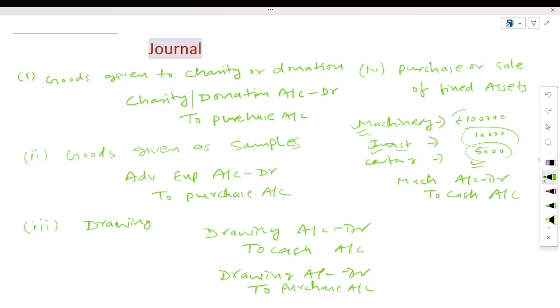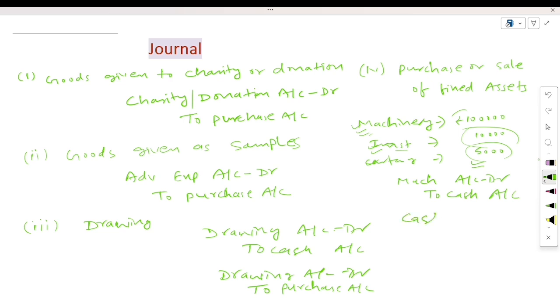At the time of sale of machinery, what entry will you pass here? Because you have already used all these fixed assets, all these machineries or any other things. Now after a certain period of time, you are selling these fixed assets. If you sell these assets, it means your cash or bank balance will increase.